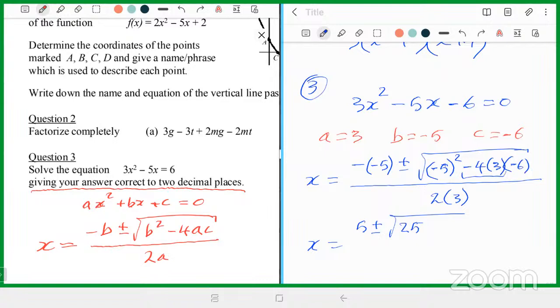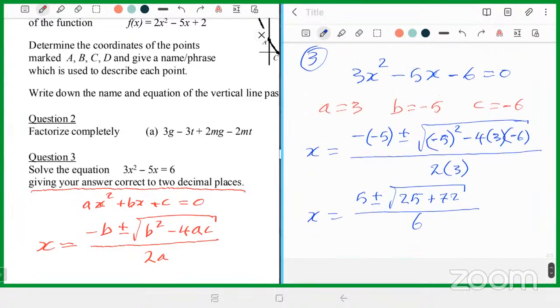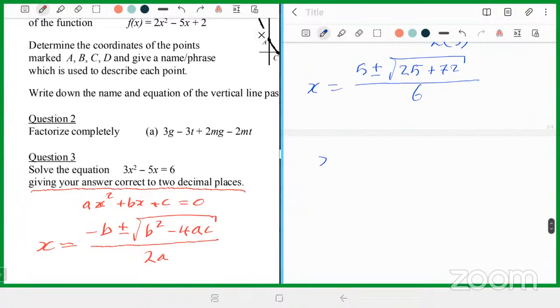Negative times negative is a positive. 12 times 6 is 72. So we get a plus 72. Dividing all of that now by 2 times 3, which is 6. So these two add now to 97. So this reduces to x equals 5 plus or minus the square root of 97.